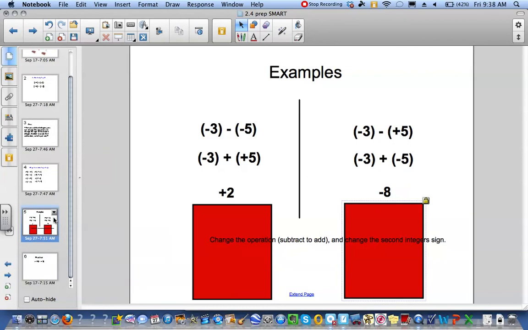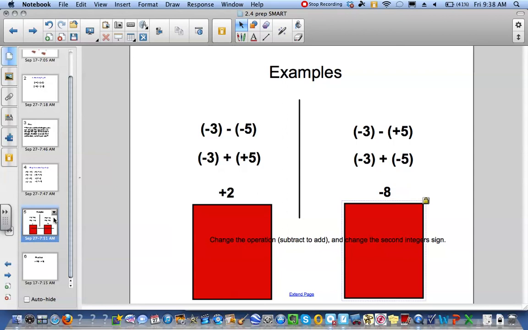This can be a little bit confusing at first, I understand that, but if you can remember that mantra almost, that when you take a negative away, it means that it's positive, right? If you take something bad away, usually it means things are better. So if you take away a negative, you're technically making things a little more positive, so you're adding a positive. When you're taking away a positive, you're making things a little bit more negative.